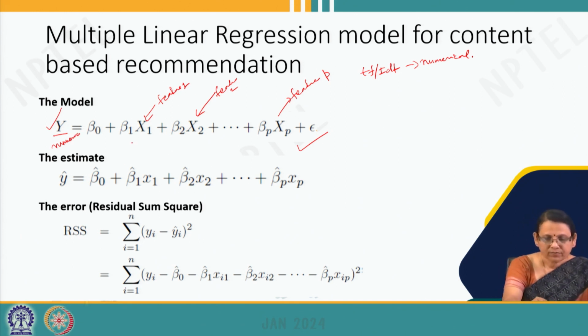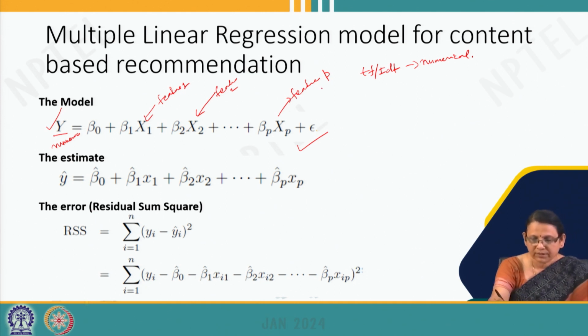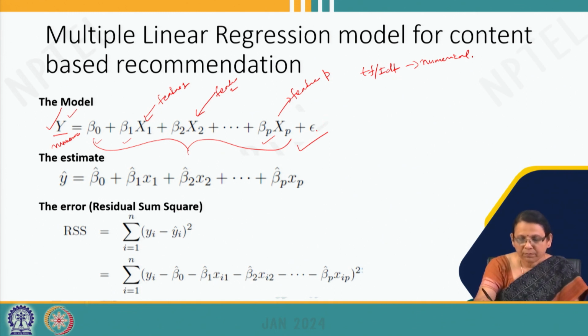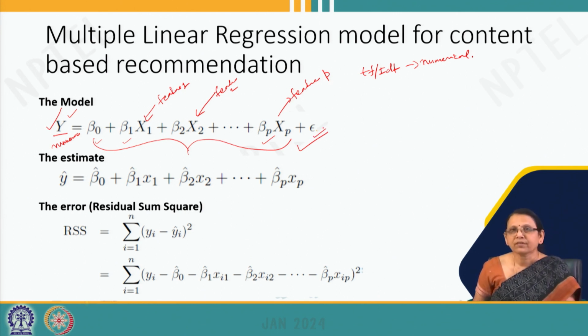What does the model say? Given the values of feature 1, feature 2 up to feature P and the model parameters beta 0 to beta p, if we determine the value, we will get the value of y. But we may not be able to get the exact value of y, and there will be some error involved. So, this epsilon tells you the residual error, the error term.